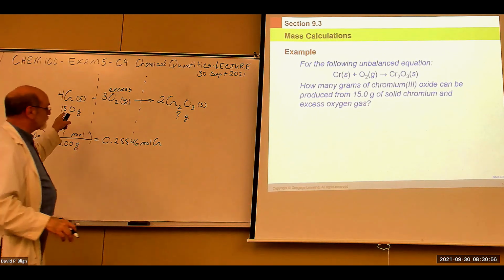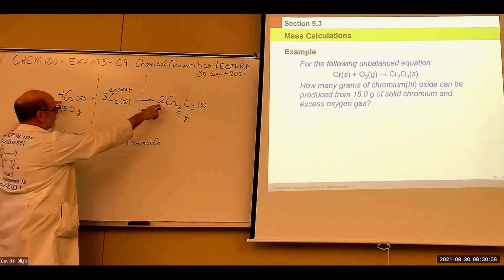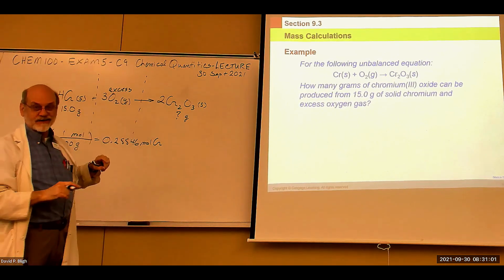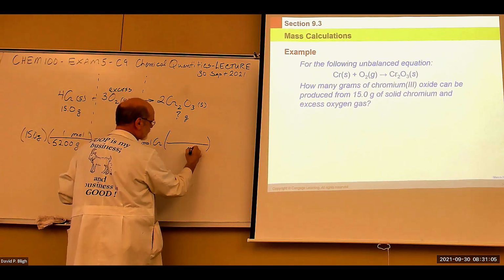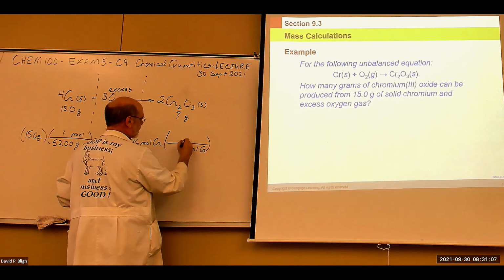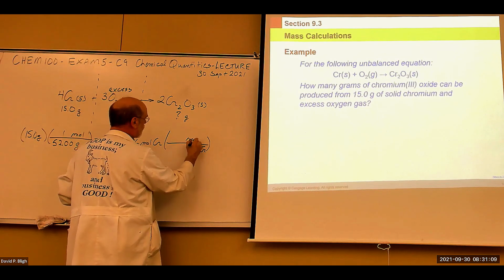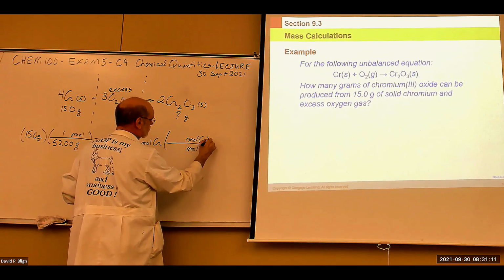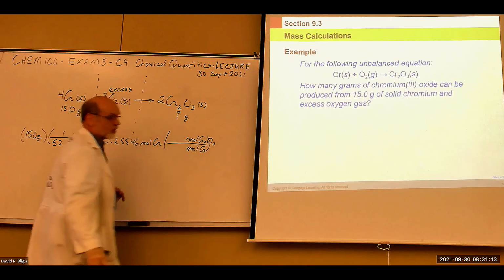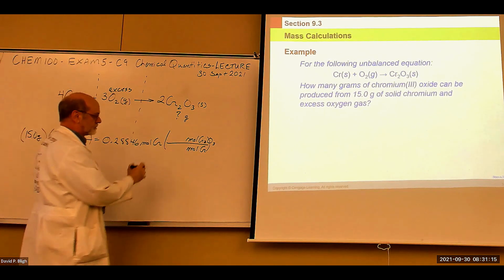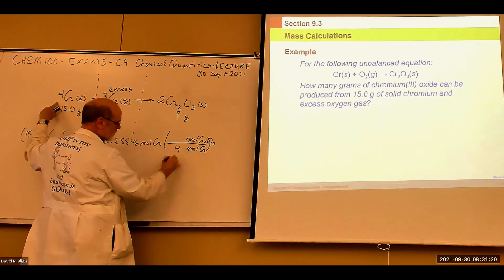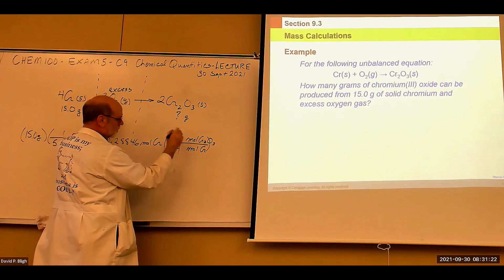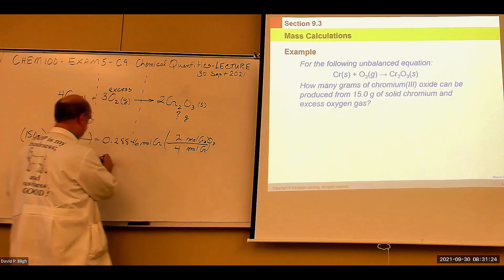Now that we have moles, we can use the coefficients as our conversion factor. Right? We want to cancel moles of chromium and determine moles of chromium 3 oxide. All right, what's the ratio? Well, for every 4 chromiums, you get 2 chromium 3 oxide.